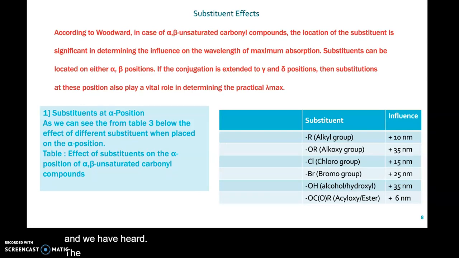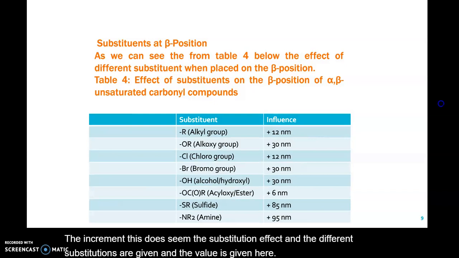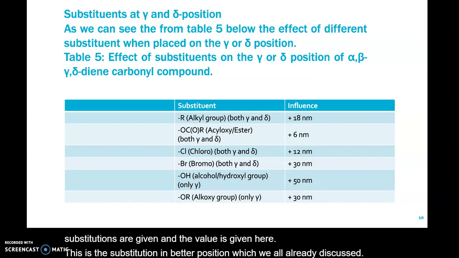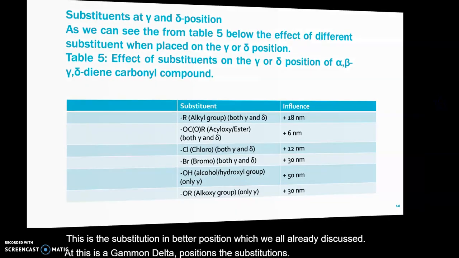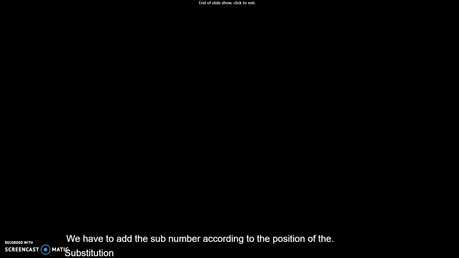This is the same, the substitution effect, the different substitutions are given and the values are given here. This is the substitution in beta position, which we already discussed. These are the gamma and delta position substitutions. We have to add the number according to the position of the substitution. This is a solvent effect. So this is all about the compounds.